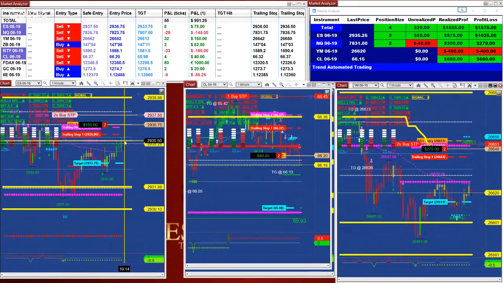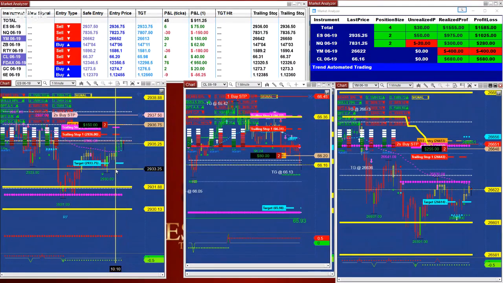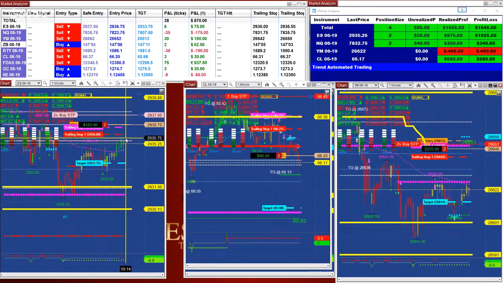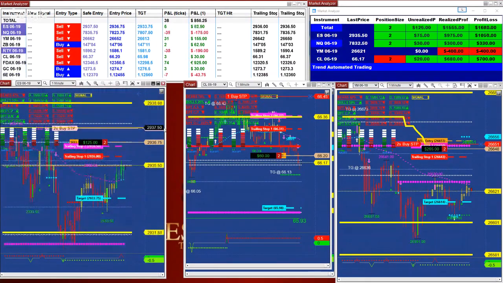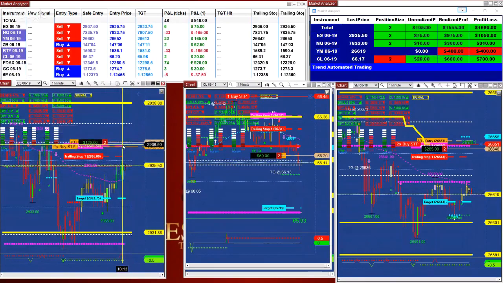Now, if this ES is not able to break the 35.50, that means we are going back directly to the 33.25. So now we are right at the level where it might change the direction of this market.